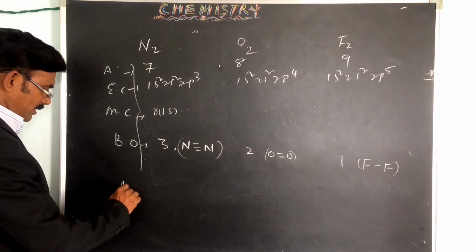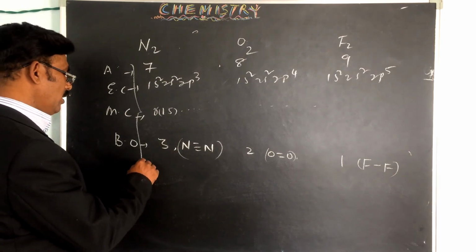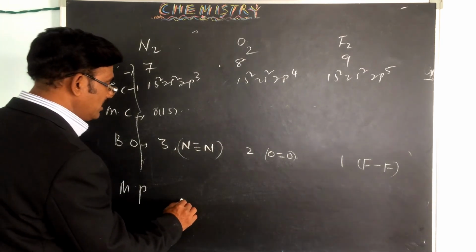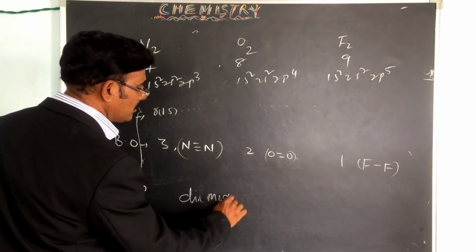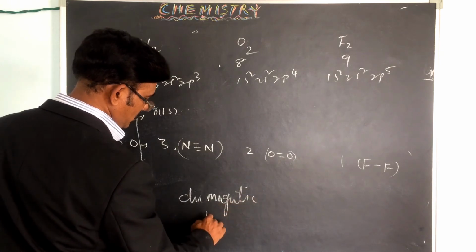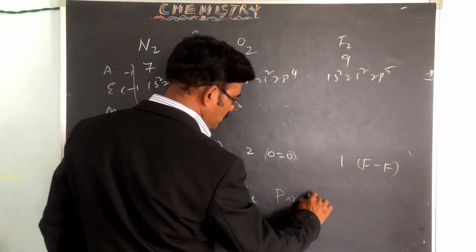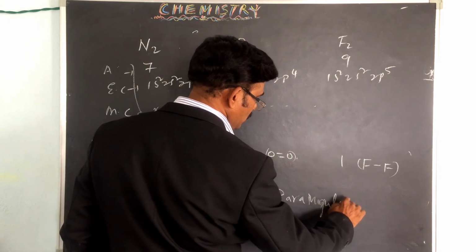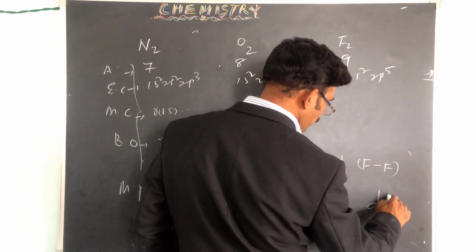And magnetic property: here all are paired, that is the reason for the diamagnetic property. Here the paramagnetic property. And here the diamagnetic property.